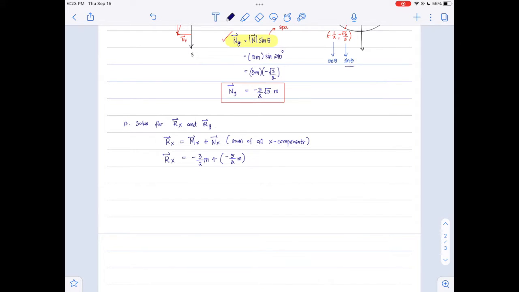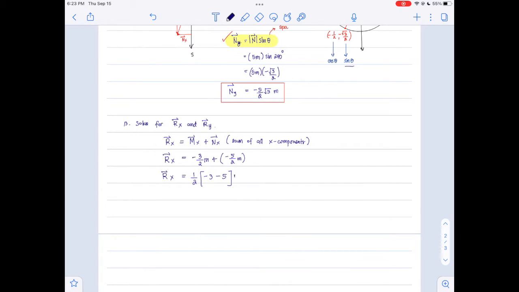So my Rx will just be, I'm going to factor out the common term, which is 1/2. I'm hoping you can see that 1/2 is common. Negative 3 is left for the first term, and for the second term is negative 5, because I factored out 1/2.